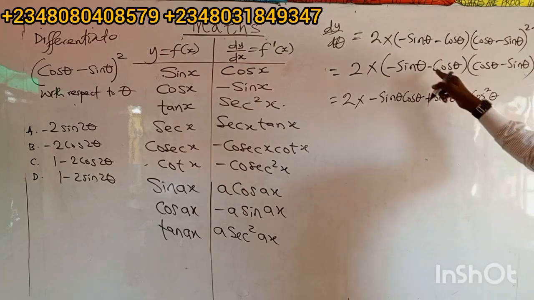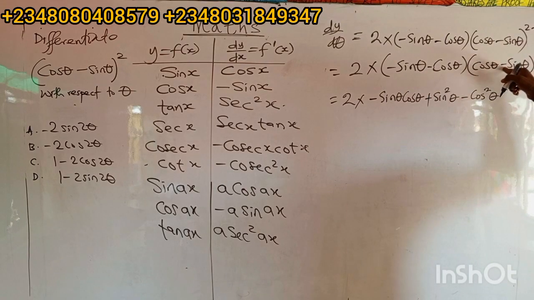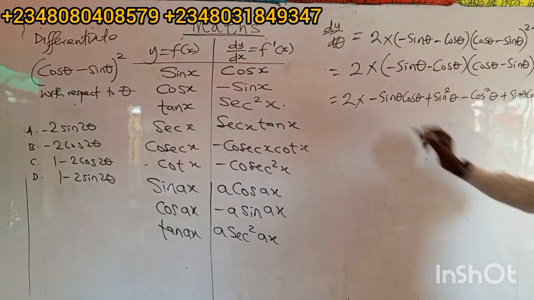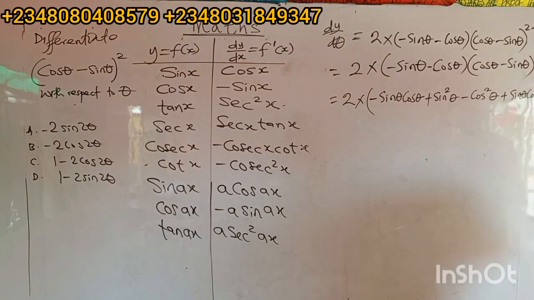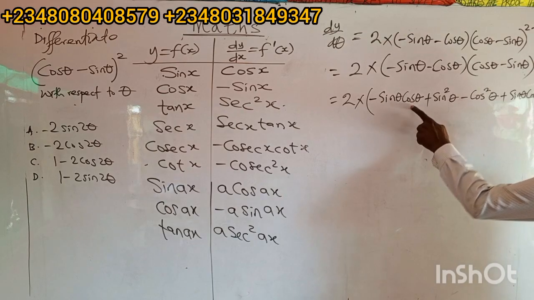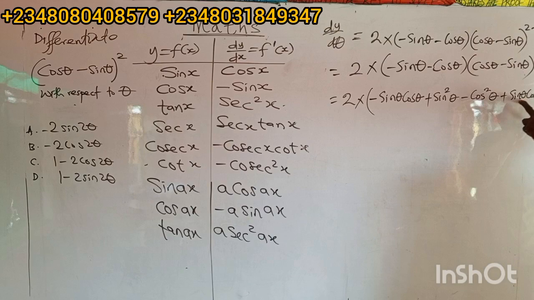Then minus cos theta times minus sin theta, that will be plus sin theta cos theta. Are you with me? So pay close attention to this place. Minus sin theta cos theta plus sin theta cos theta will cancel out.